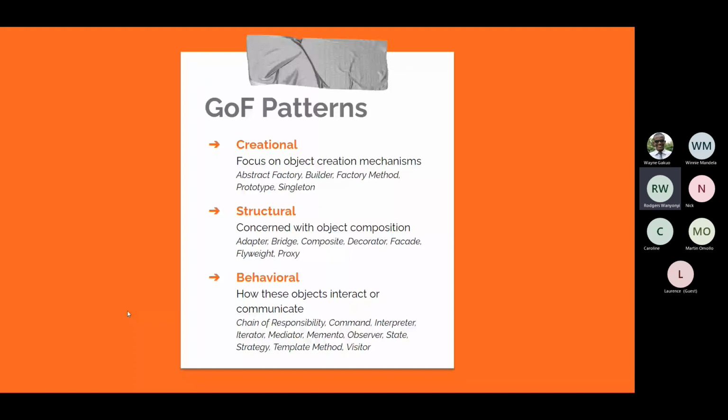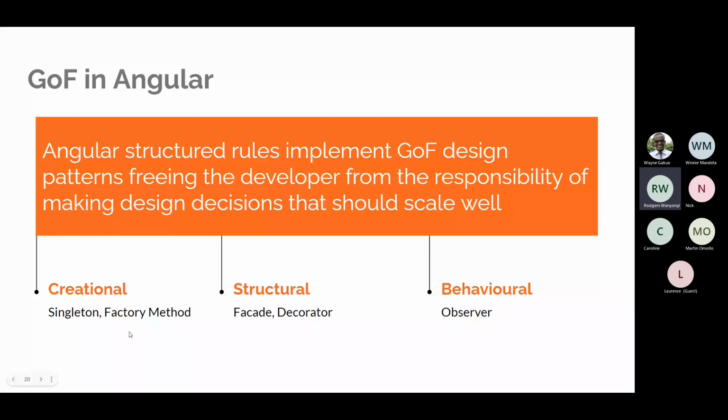So we're going to look at some of the patterns that are implemented in Angular. In this case, the patterns are creational, structural, and behavioral. The advantage of using Angular in front-end development is that it comes with its own set of rules that already implement these patterns. If developers are not aware of these design patterns, you'll end up creating software that is complicated and hard to maintain.